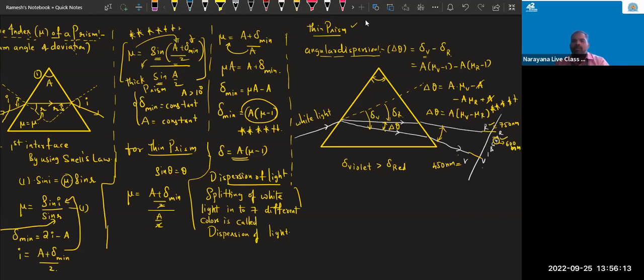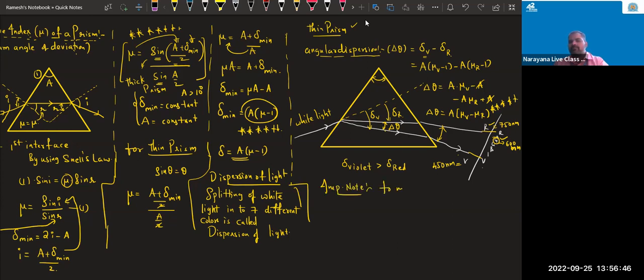That's why among the 7 colors it is the reference color. Why do we take a reference color? To measure the deviation. This prism is performing this deviation, so which color will you take? One color is required, no? That color is selected as the yellow color. I understand. I will write it down as an important note.